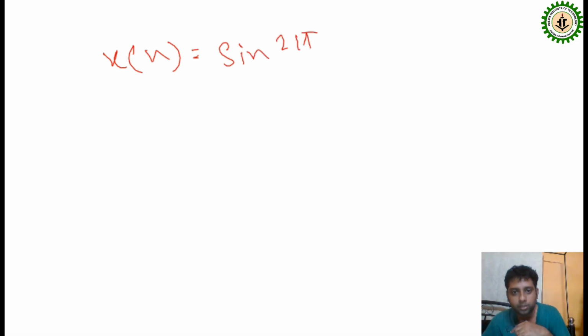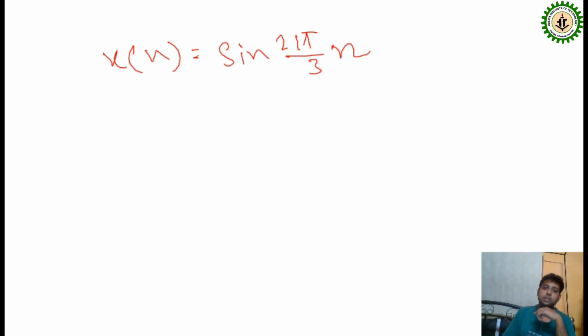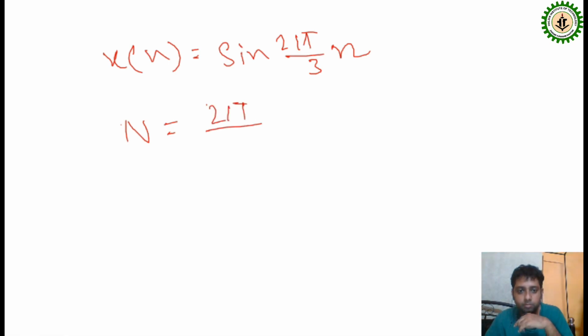Suppose consider x of n is equal to sine 2 pi by 3 n. Okay. Now check whether this signal is periodic or not. If periodic, find the fundamental period. Now for finding the fundamental period, we need to apply the formula, that is 2 pi by omega naught into m.